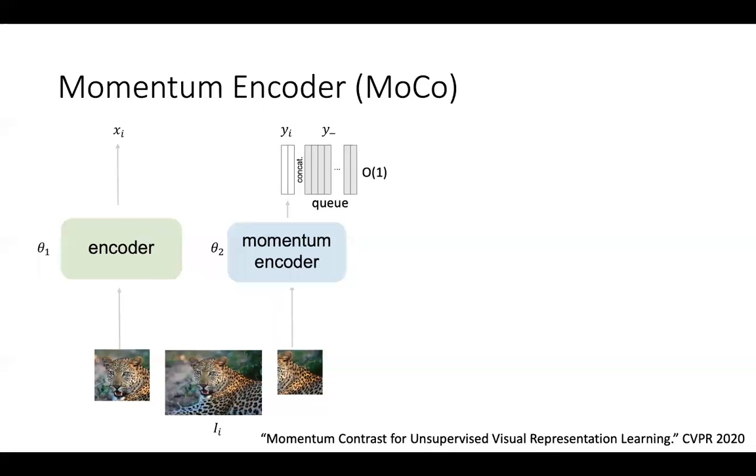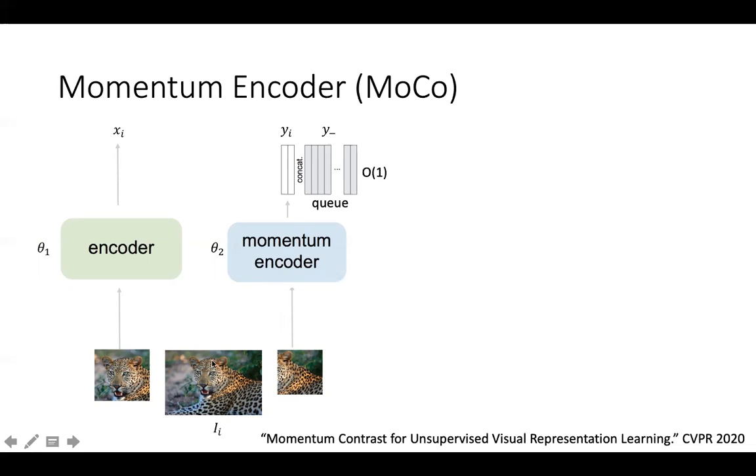To overcome this drawback, the momentum encoder provides another idea, which is using the momentum encoder such that you can maintain a fixed size memory cache. So as I mentioned before, for the memory bank, the key is to maintain the momentum update of the features inside of the memory bank. The MoCo paper actually transfers the momentum update on the feature bank to the momentum update on the parameters of the encoder.